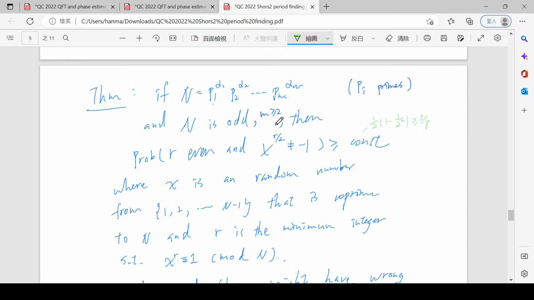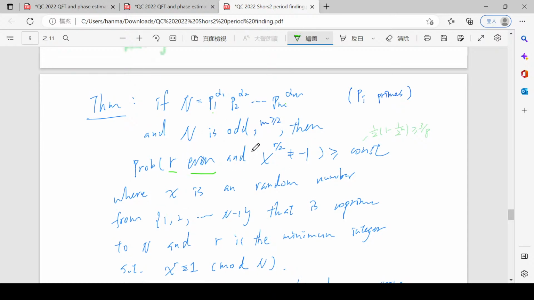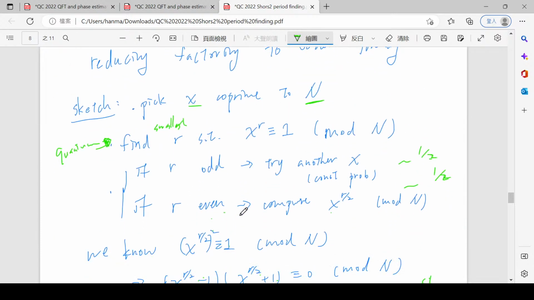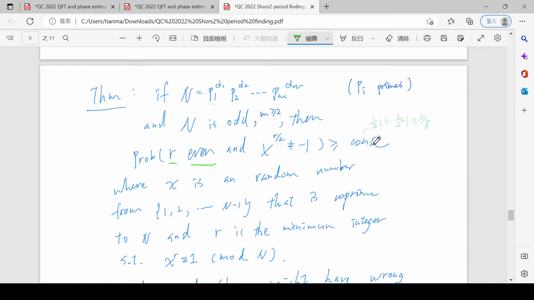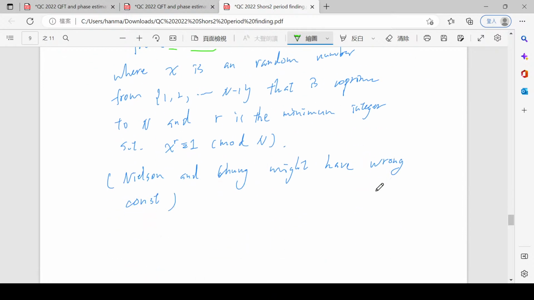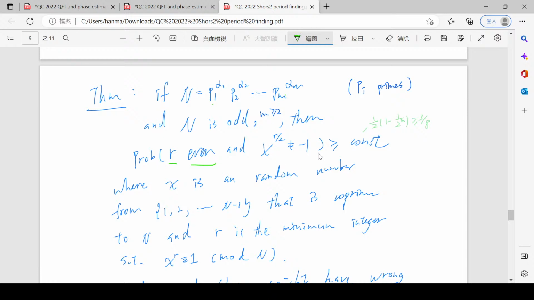then if you draw a random x, the probability that your order is even, and that this doesn't happen, and also this doesn't happen, is bigger than some constant. I believe the constant, if you calculate it out, is 1/2 times 1 minus 1/2 to the m. This 1/2 is for even, and this 1/2 to the m is for this part, and that's bigger than 3/8.